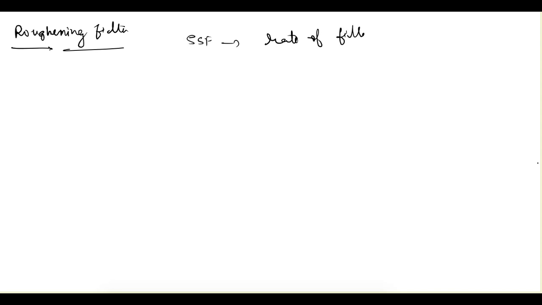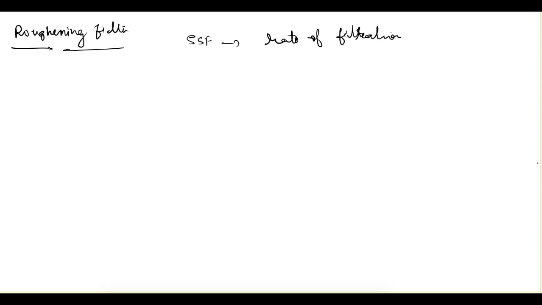Apart from that, two smaller filters are there. One is the roughening filter. The problem associated with the slow sand filter is that its efficiency is very good, it can remove bacteria and other suspended impurities very well, but the rate of filtration is very low.